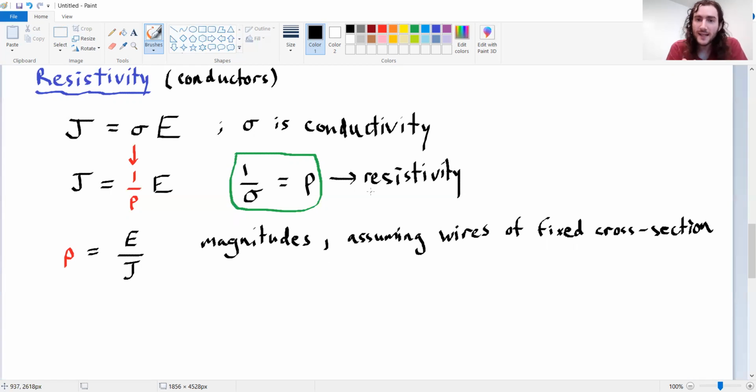Dielectric breakdown means you've applied such a large electric field that you're ripping the electrons off the atom. As soon as you do that, that insulator is now conducting.